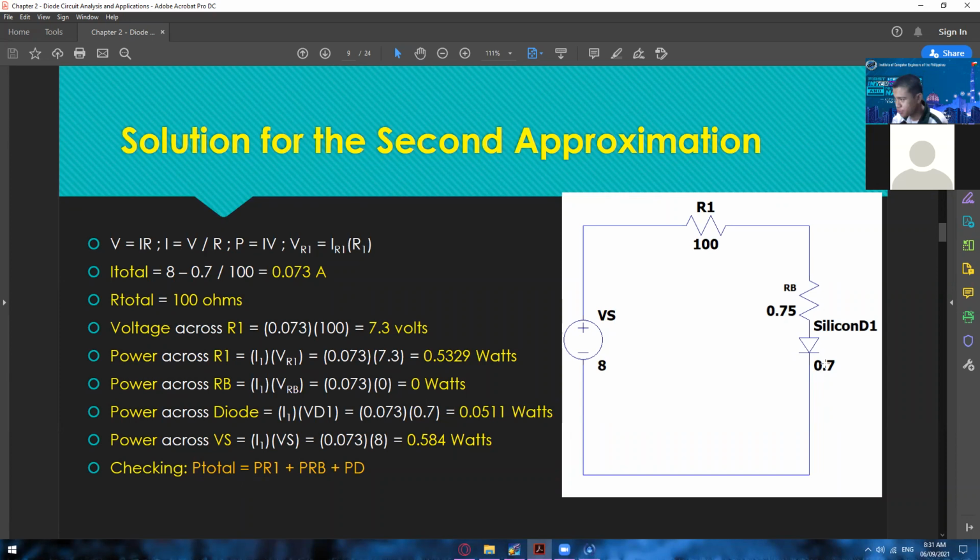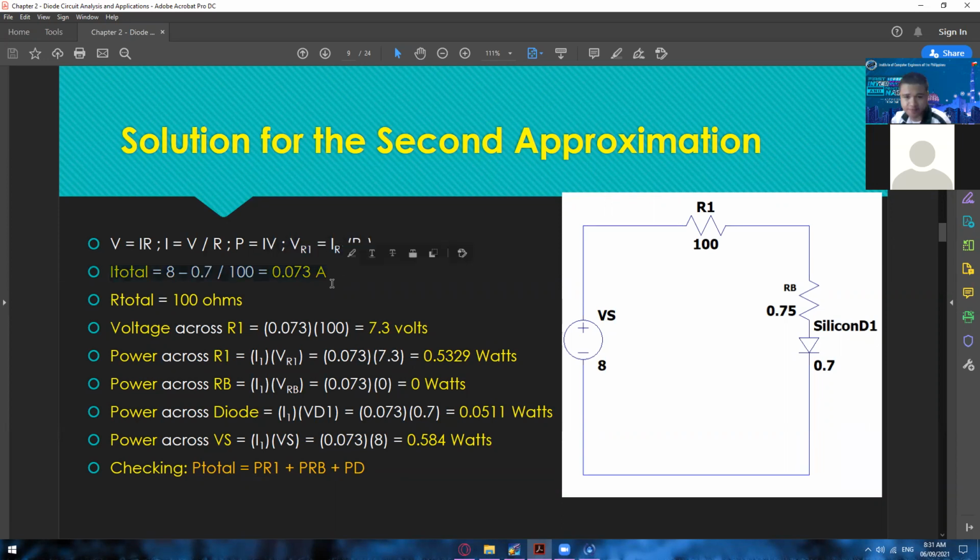Okay, so I have a question. What if this one is the other way around? So we have a reverse bias connection. What will happen to our power, or what will happen to our I total?